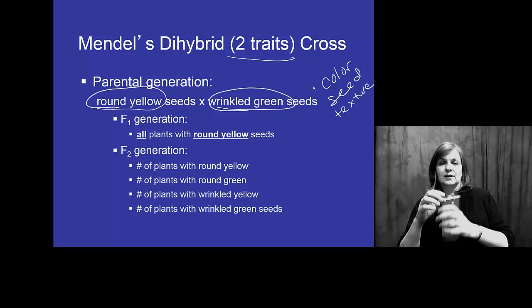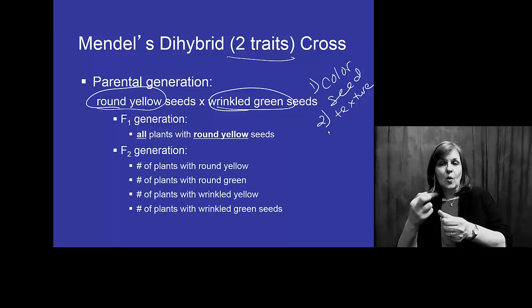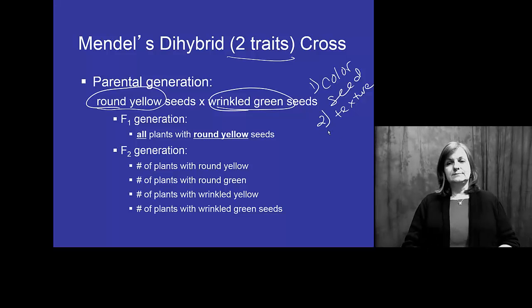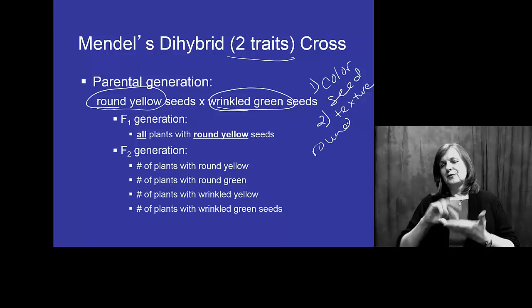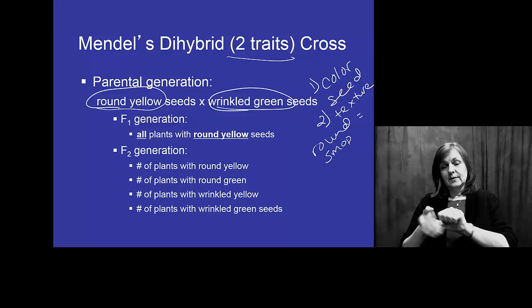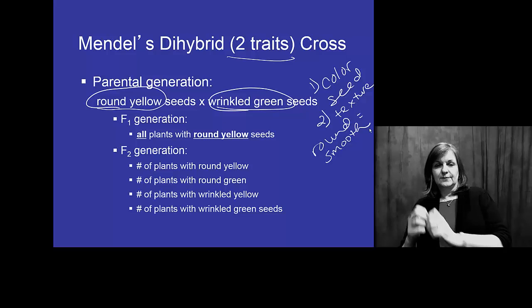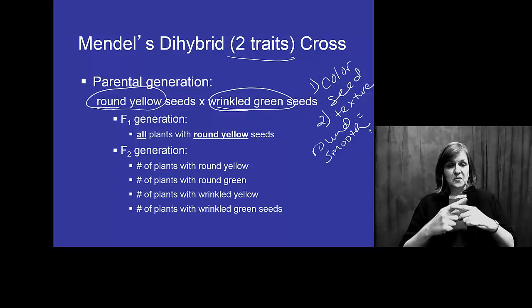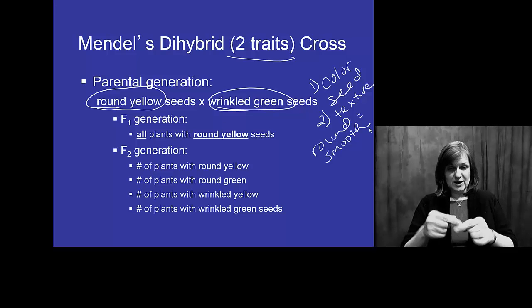So whether or not they were yellow or green, and whether or not they were smooth or round. Round is the same as smooth. Or wrinkled seeds.